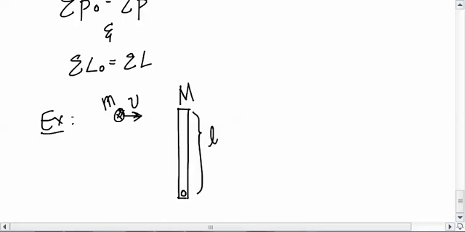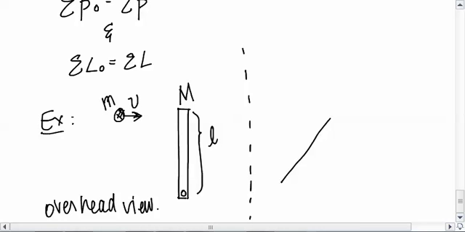It's been treated with a super sticky physics solution so that they stick on contact and it'll rotate. This is an overhead view. After the collision, I expect this system, pivot point there, sticky object here, little m, this is big M, to be rotating.